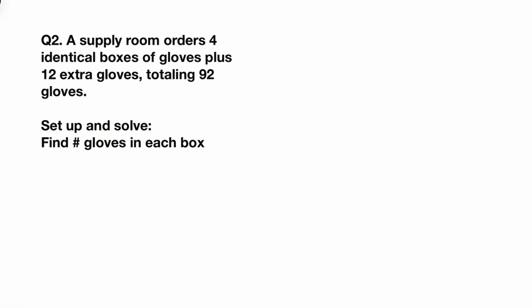All right. Question 2. A supply room orders 4 identical boxes of gloves plus 12 extra gloves, totaling 92 gloves. Set up and solve. Find the number of gloves in each box, right? This will really be easy.